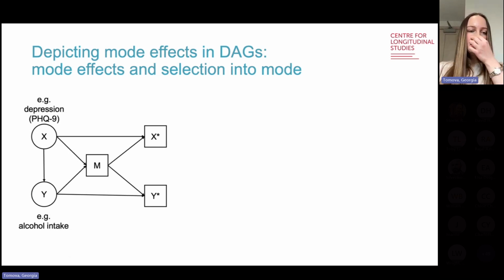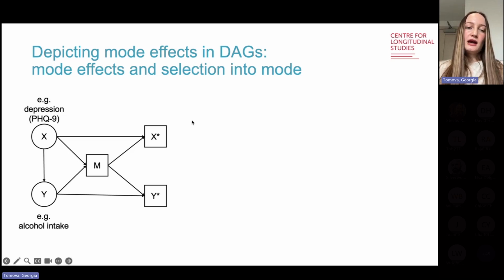The way we would depict this is we would have X and Y, our exposure and outcome, for example, some sort of depression measure or score and alcohol intake, would both be related to selection into a specific mode. And then the mode itself, in turn, would introduce variation in how these variables were measured, depending on the mode used. So we have this happening before and after the mode selection takes place.